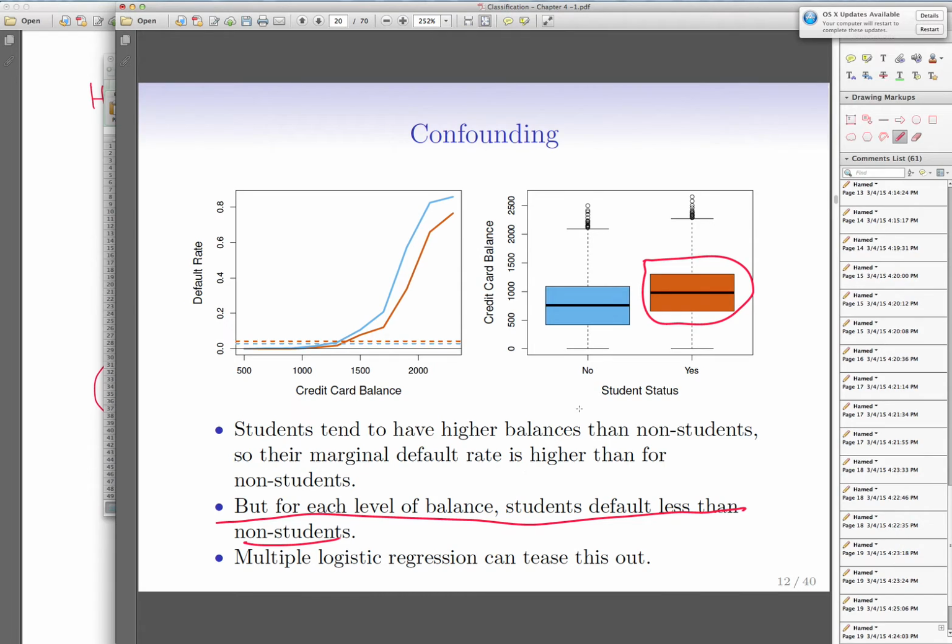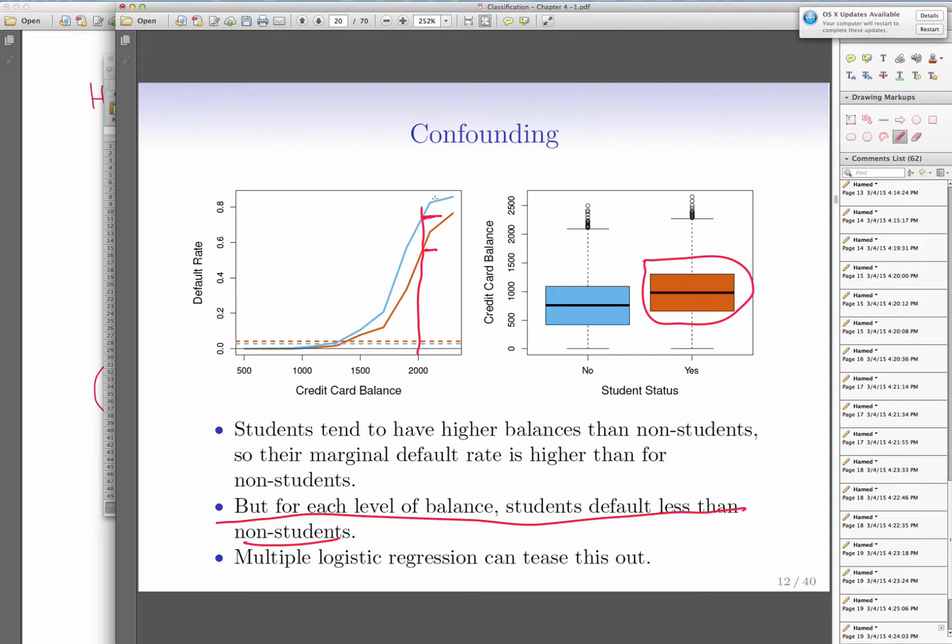But if you just compare apples with apples, fixing the balance for the same person who holds a $2,000 balance, students tend to default less than non-students. So we should be very, very careful when we interpret the results.